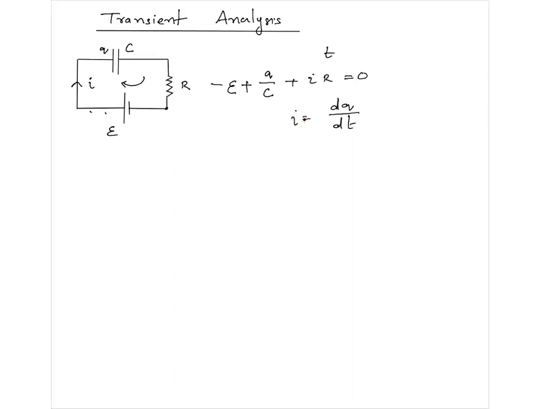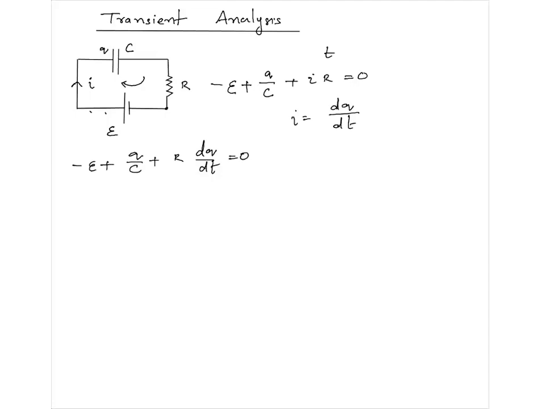You have to be careful as we discuss more things in future, plus dq by dt, minus dq by dt. Now we are able to get a differential equation: minus E plus q by C plus R dq by dt equal to 0. Separate the variables.